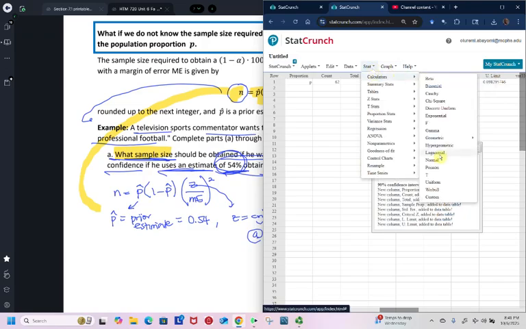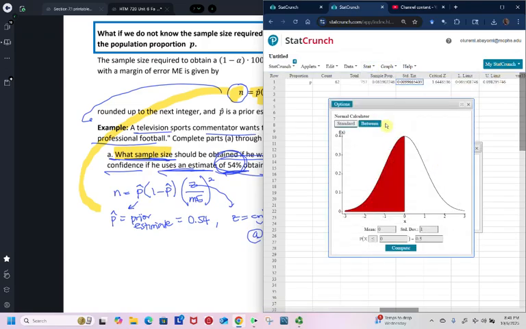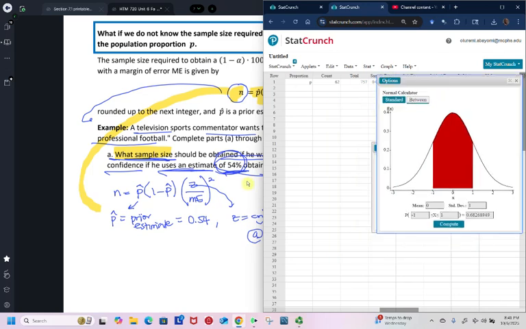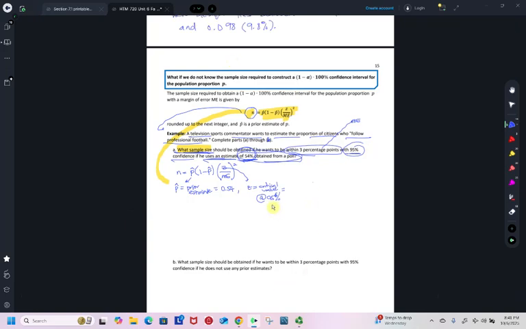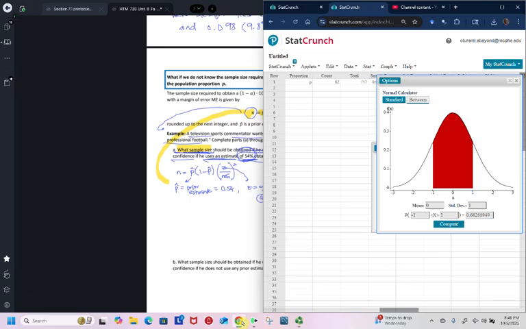We're going to use the normal distribution, and I want to capture the middle 95%.